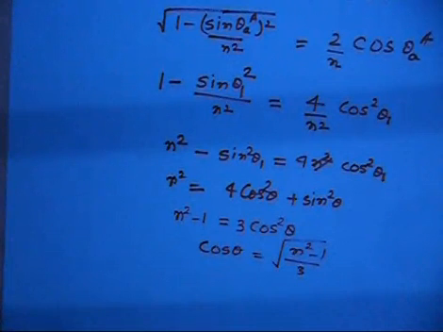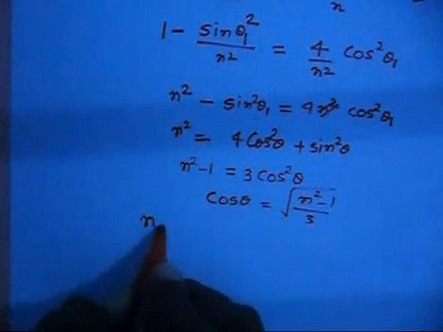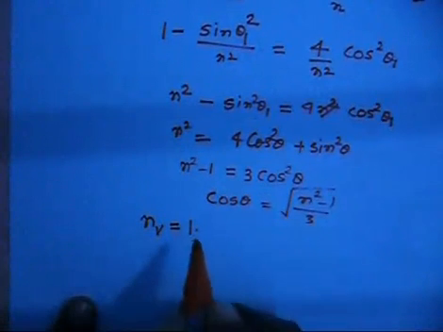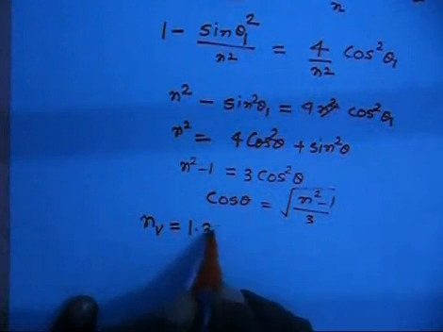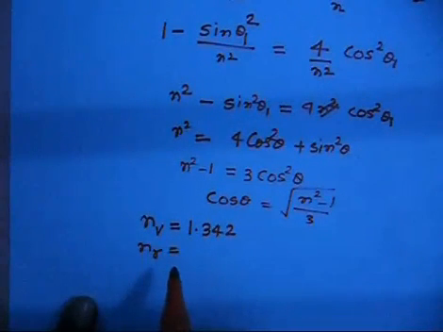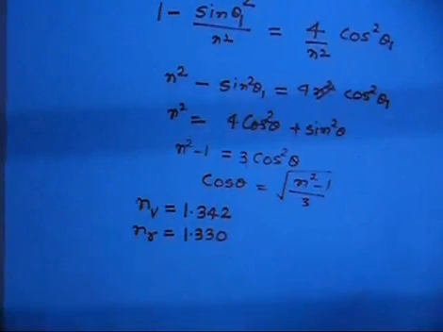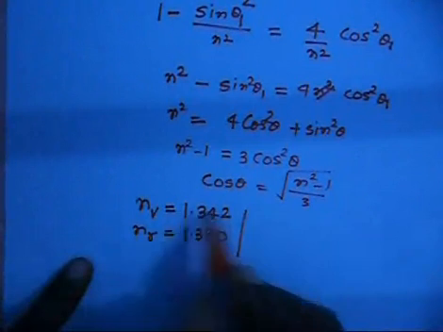Now the index of refraction of violet light and red light in water is this. The refractive index for violet light is 1.342. The refractive index for red light is 1.330. You have to find what will be the θ for these lights.